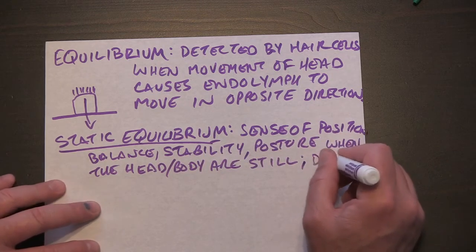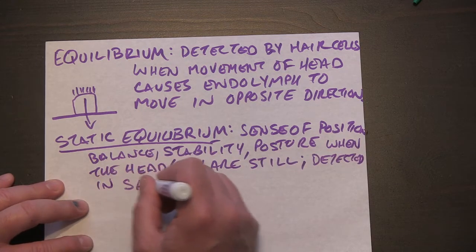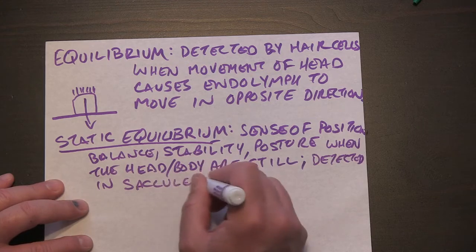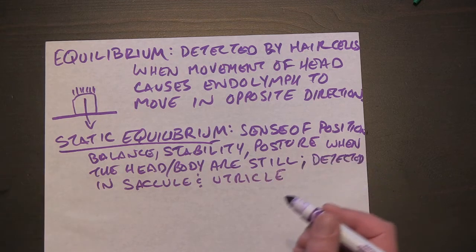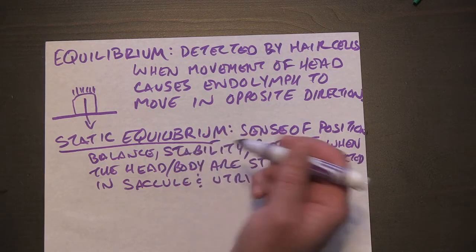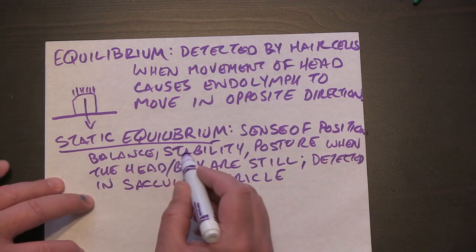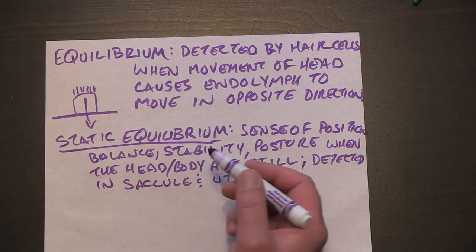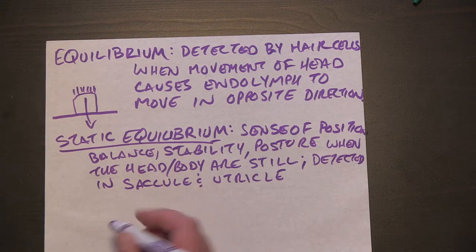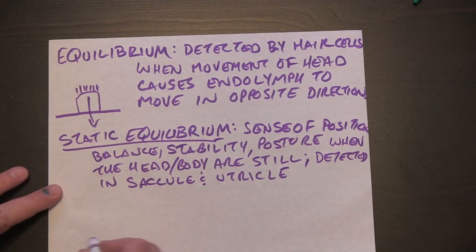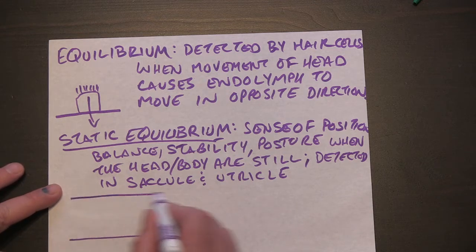And this is detected in the saccule and utricle. This is also how acceleration is detected. So in the utricle and saccule, here's the inside of the utricle.